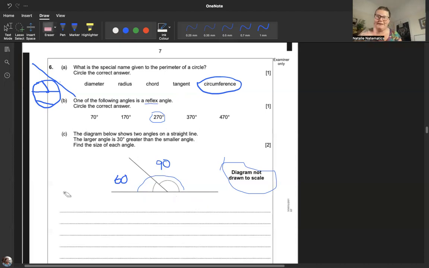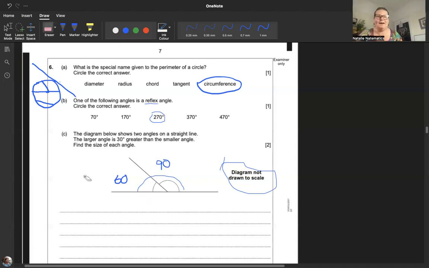Okay, but if you're doing that and trying to work out some numbers, by all means do it. So start off with, say, 70. And if I add 100, that's not going to work. So if I was to do 65, and then I add 30, 65 plus 30 is 95.